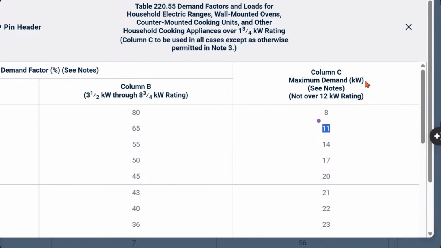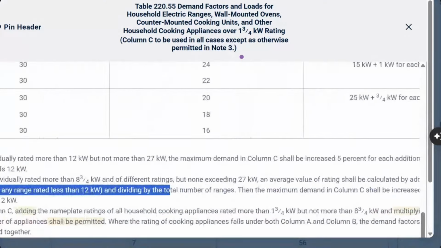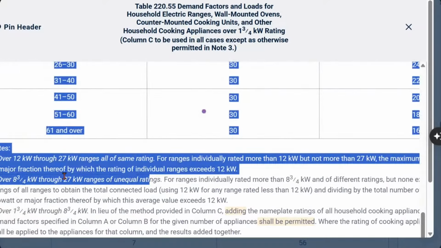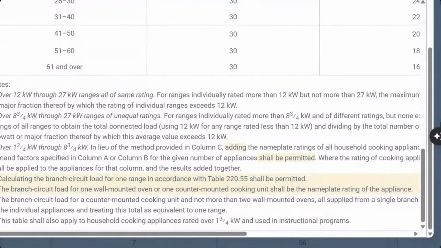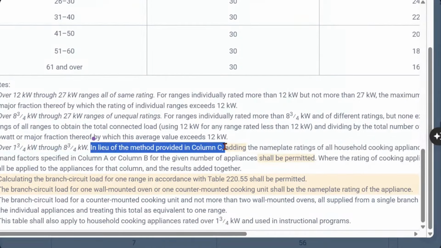So now, how do I get to use B? Well, first of all, both of those cooking appliances fall within this range of 3.5 kW through 8.75 kW. So that's the first clue. Next, I want to go down here to note 3 and see what note 3 tells me. So here's note 3. It says if it's over 1.75 through 8.75, then it says in lieu of the method in column C. So what does in lieu of mean, folks?